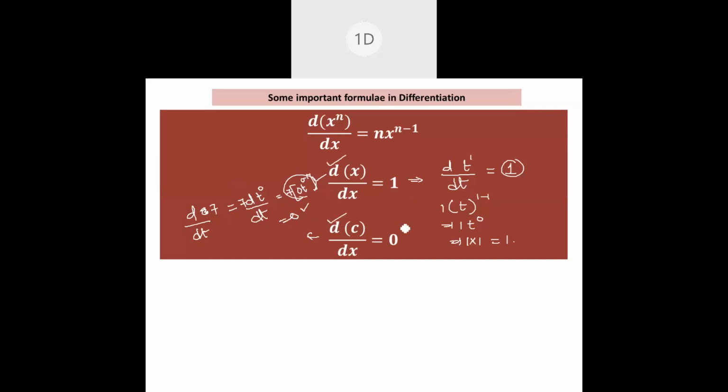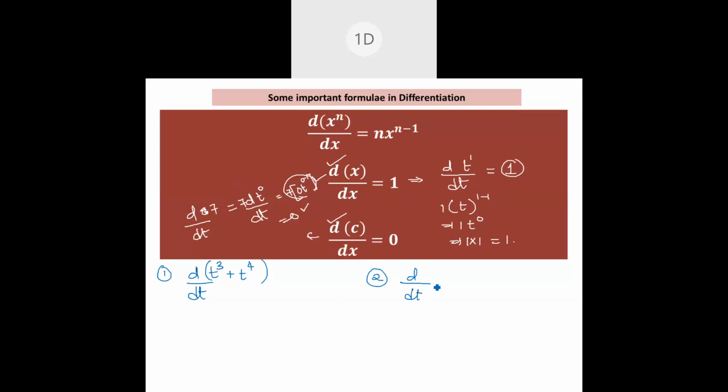Can I move to the question? Okay, first I will give you a few questions before going to the actual. Differentiate the following. First one, differentiation of t cube plus t power 4. Quick guys, okay?